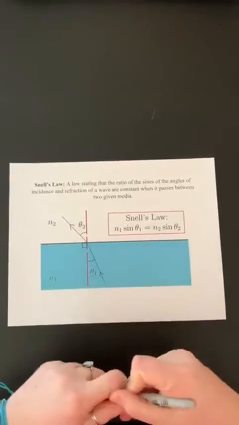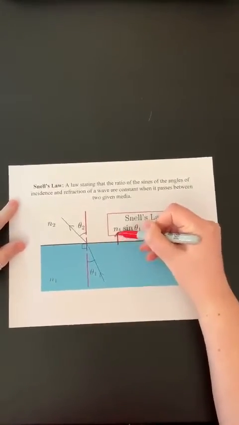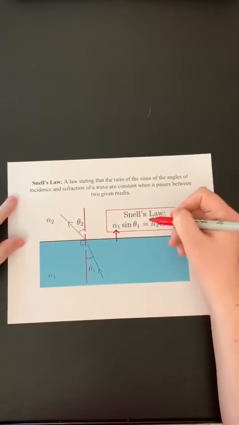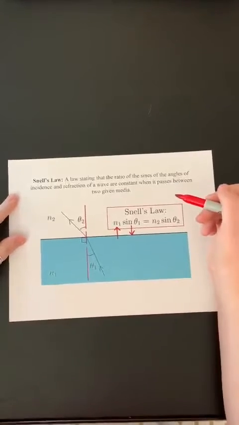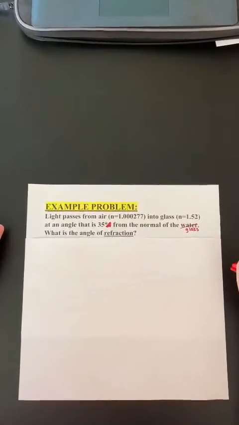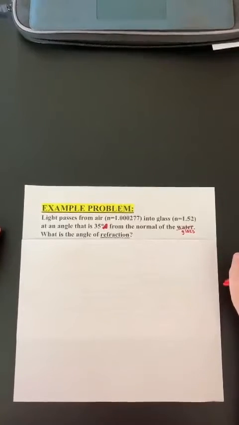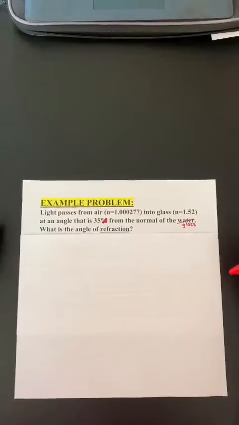This means that if the index of refraction, expressed as n1, increased, then the sine of the angle of incidence would decrease. Let's try an example problem to make sure we understand how to use the refractive index of materials to find the angle of refraction or angle of incidence. Feel free to pause the video and try to solve this on your own.